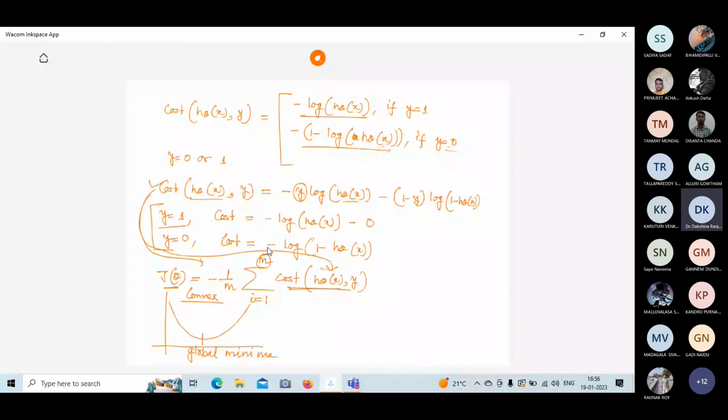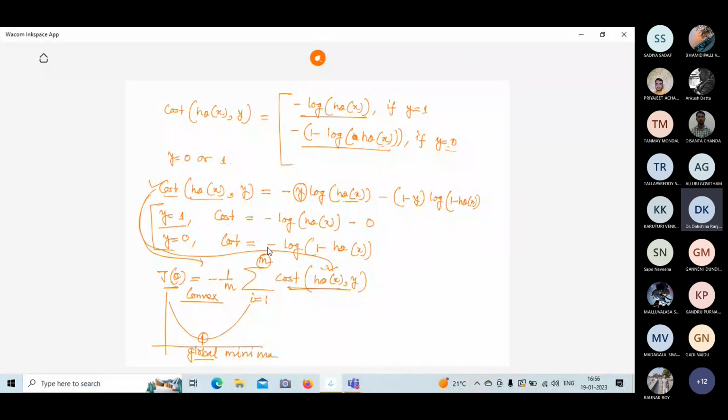So here we get the critical point of the global minima, and at this point we will get our cost function to be minimized.